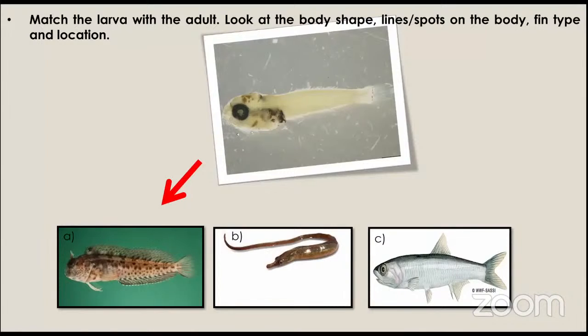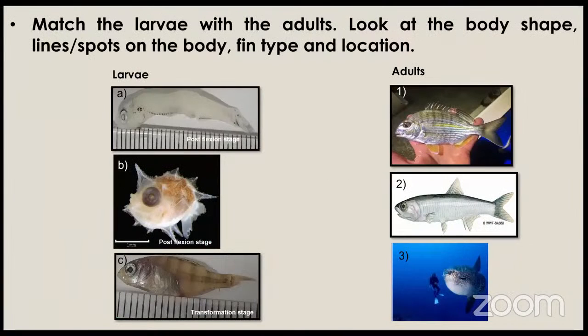Okay, the next one. So before I leave you, I'm going to leave you with this activity here. I want you to match the larvae with the respective adults. So like I've said, you must look at the body shape, at the lines or spots of its body in order to identify them.